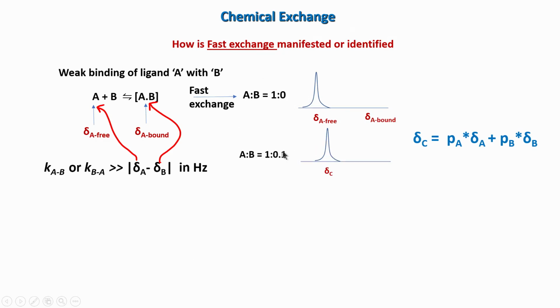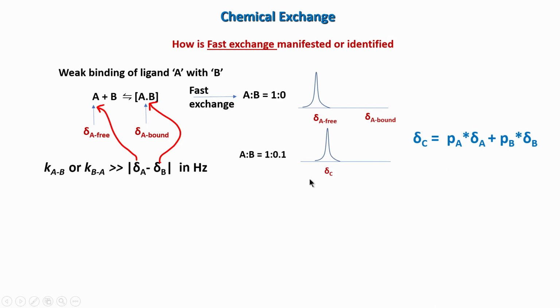But now as I increase the population of B, that means I am increasing Pb, because remember Pa plus Pb is 1. So, if Pa was earlier 1 and Pb was 0, now Pa is 0.9. The population of Pa is decreasing because it is reacting with B, but Pb is now increasing.